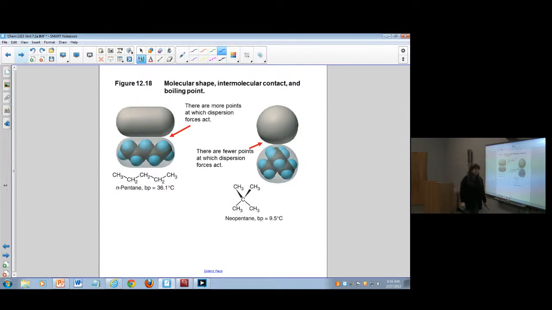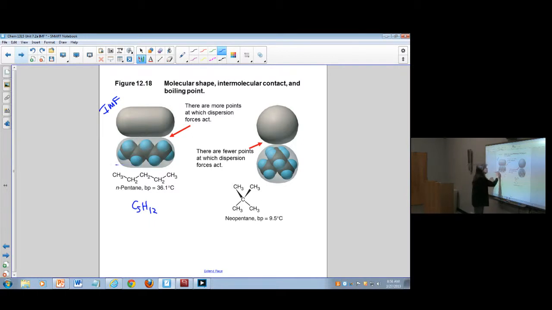Another thing to consider, and I know I keep promising, but we're going to start on organic molecules pretty soon. We're looking at organic molecules right now. And both of these molecules have a condensed formula with 5 carbons and 12 hydrogens. But this one has a lot more intermolecular force, and that's because it's stretched out.